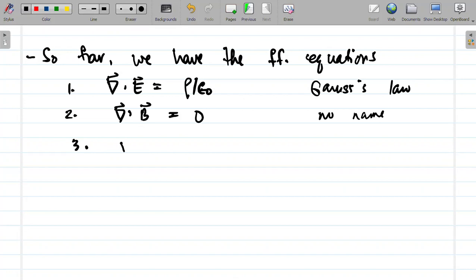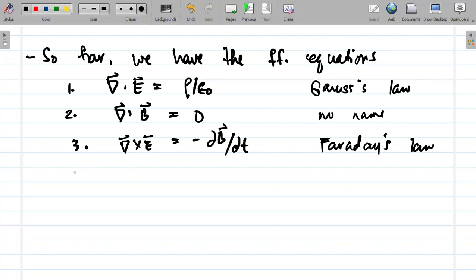Number 3, we have del cross E equals negative partial B partial t. Class, this is Faraday's law, for the induced EMF. Then fourth, del cross B equals mu naught J. This is the differential form of Ampere's law.